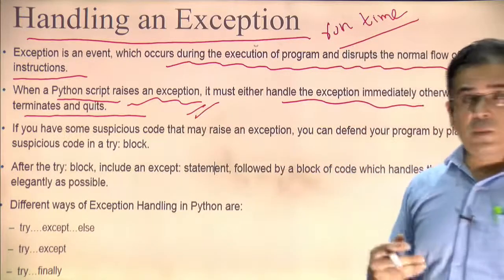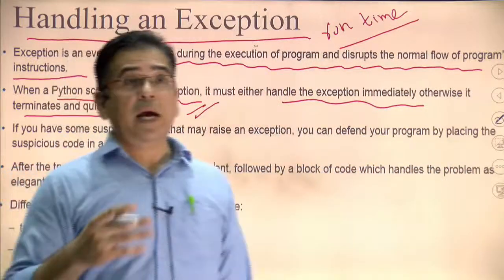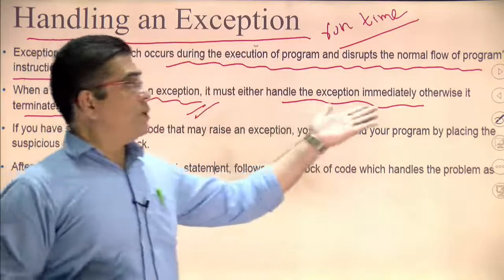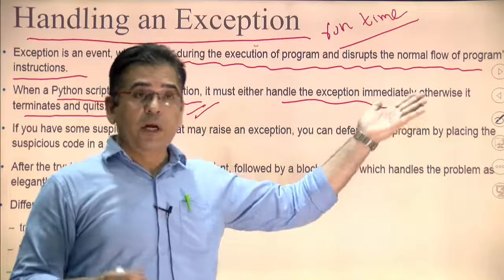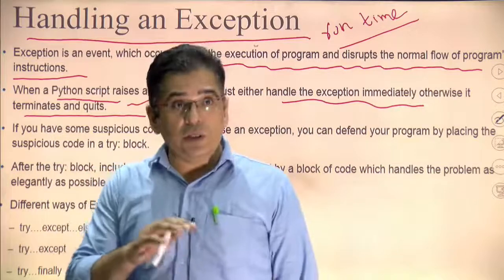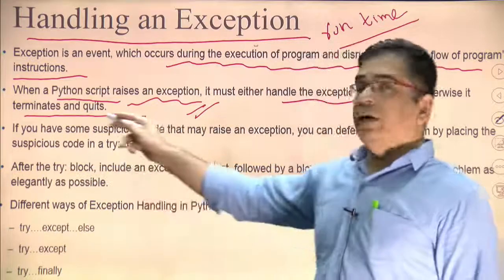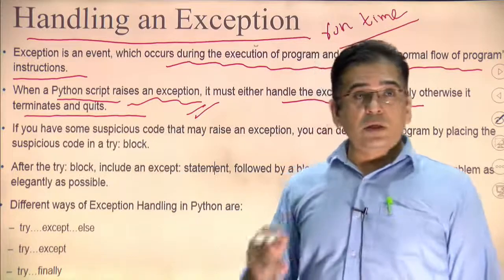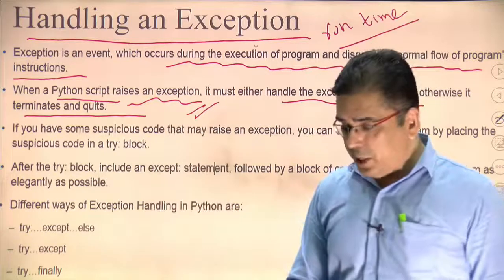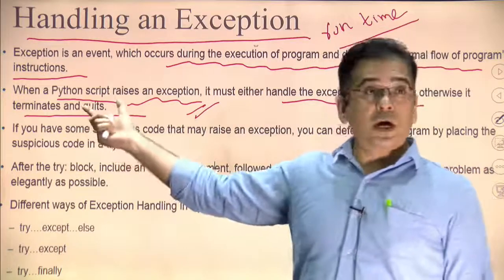When a Python program raises an exception, it alarms the programmer that an error is occurring or may occur in future, and then either that exception may be handled immediately, or if not handled immediately, the program gets terminated. This last case is generally not followed, because Python has a very strong exception handling mechanism, so it covers all the functionalities to handle all kinds of exceptions.